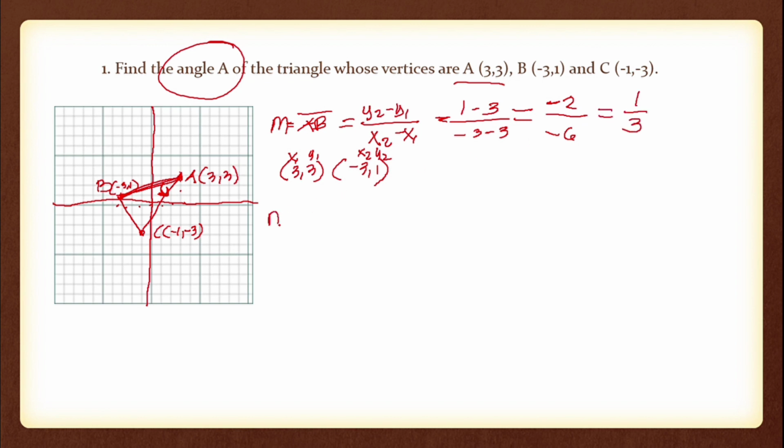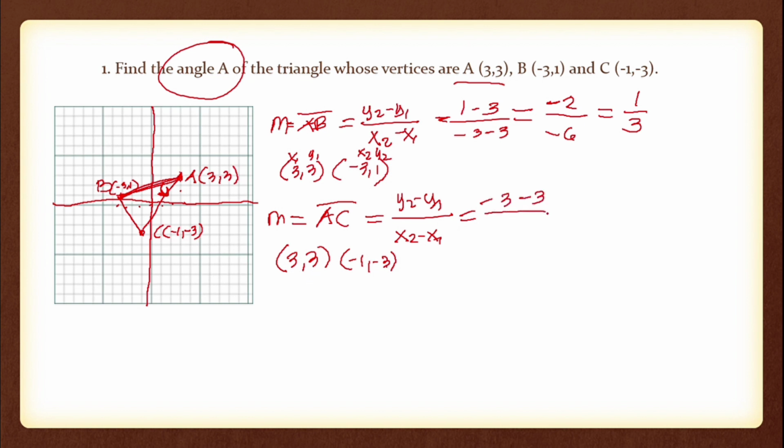So we have here m as the slope of AC, rather. AC is equal to y sub 2 minus y sub 1 over x sub 2 minus x sub 1. The points are this: we have -3 minus 3 over -1 minus 3.